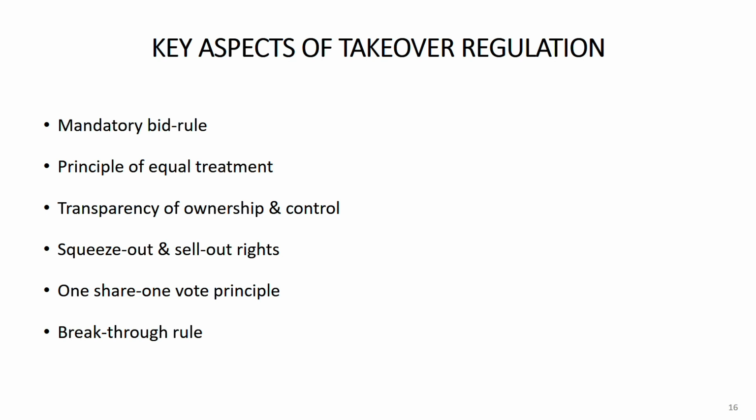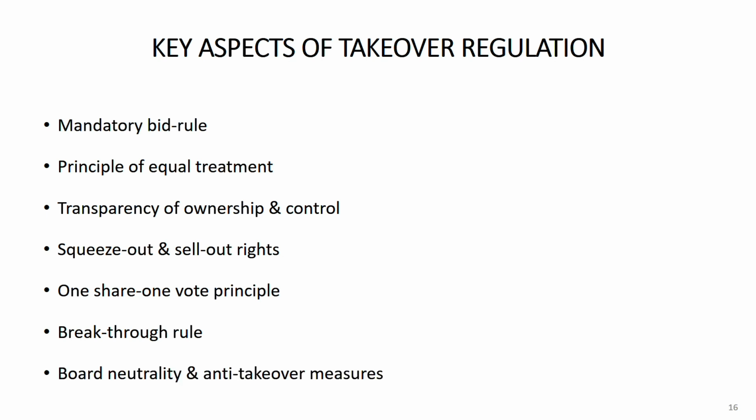Having one share but multiple voting rights is not fair for the other shareholders, and this could be a significant barrier for takeovers. That's why the one share, one vote rule has been given, and the next is breakthrough. You can break through those multiple voting rights. Even if you have multiple voting rights, you can break through and exercise control as if only one share and one vote existed.